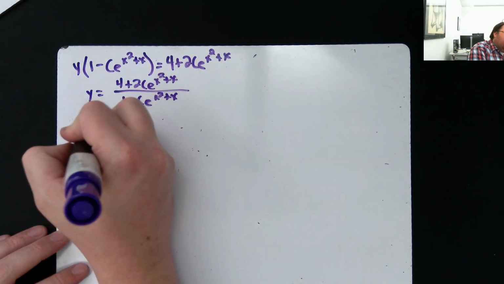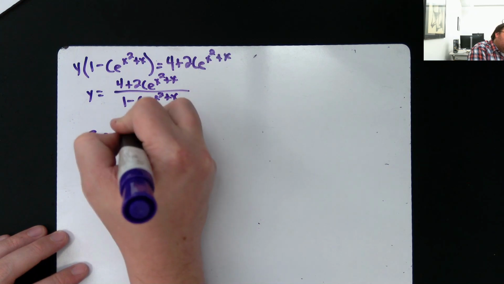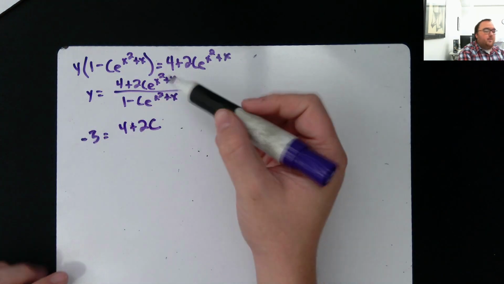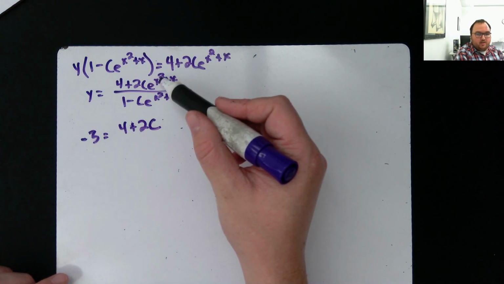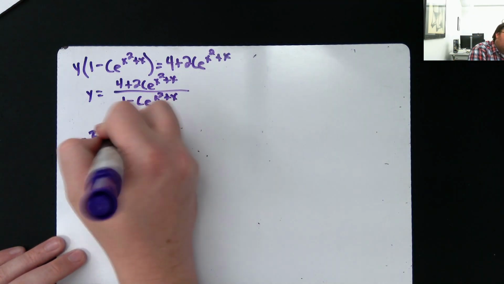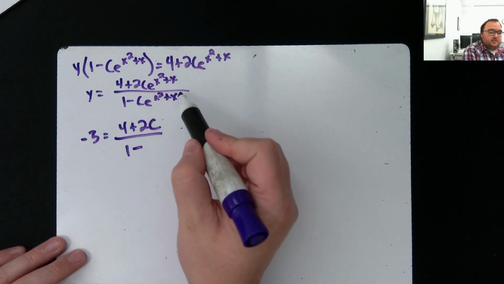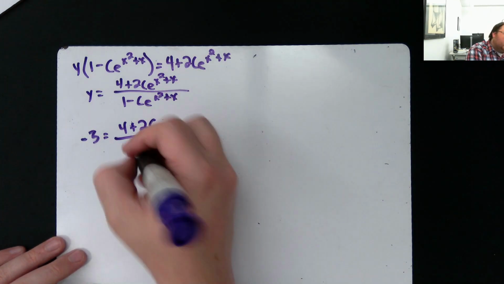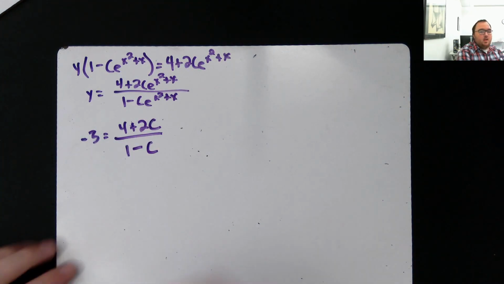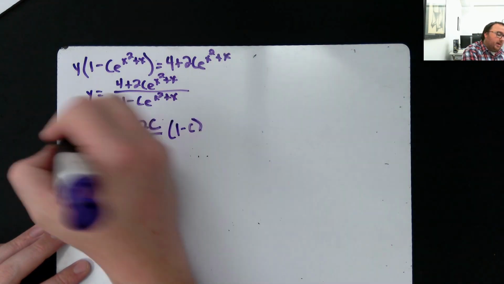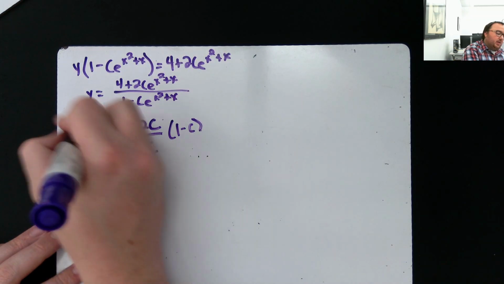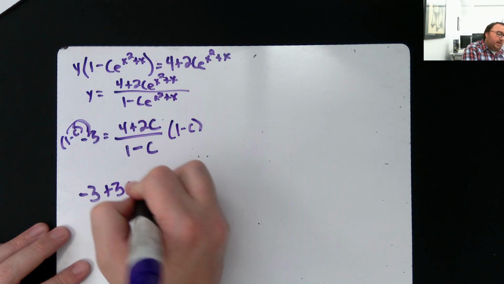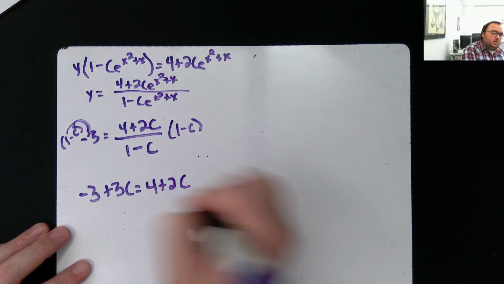So negative 3 has to be equal to 4 plus 2c. If I plugged 0 in here, 0 in there, that would give me just 1. So I can stop at just 2c. Same thing over here, 0 gives me a 1, so it's just 1 minus c. Multiply both of these by 1 minus c. Negative 3 plus 3c equals 4 plus 2c.